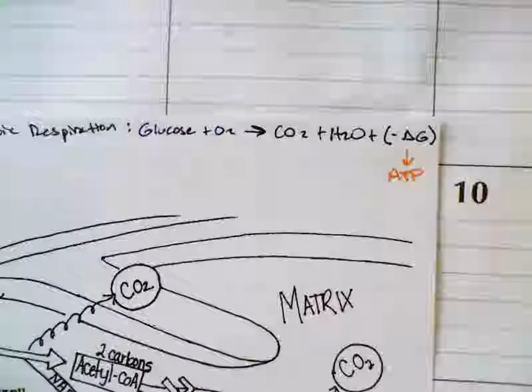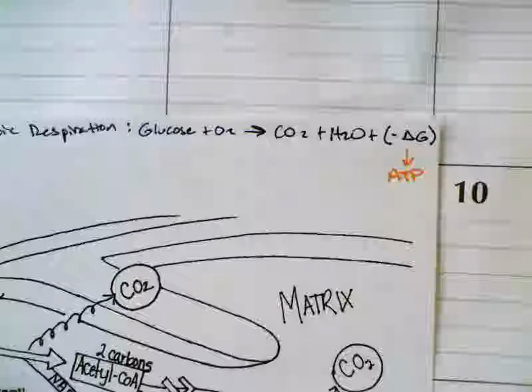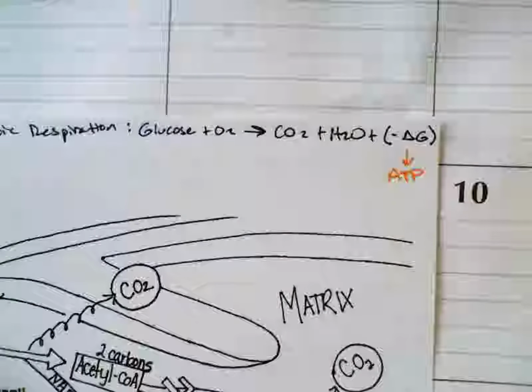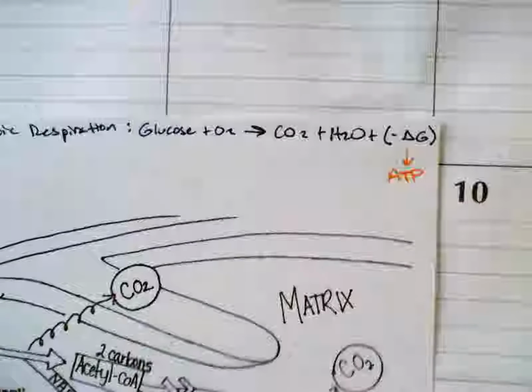Now, the pathway to get there is a long and twisting one. So we're going to break down each step within aerobic respiration and make this as simple as possible. There are 4 primary pathways in aerobic respiration. What are they?